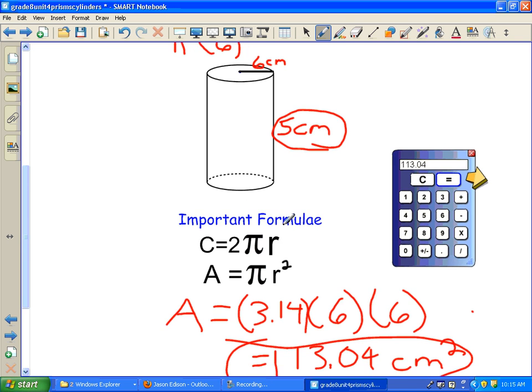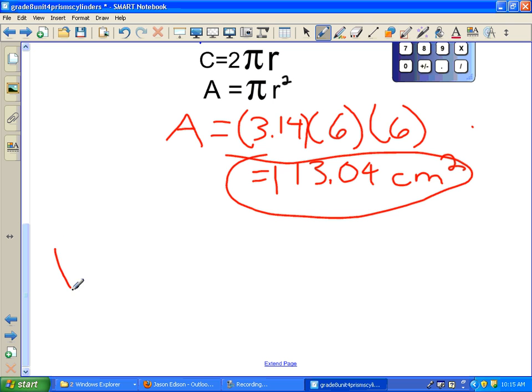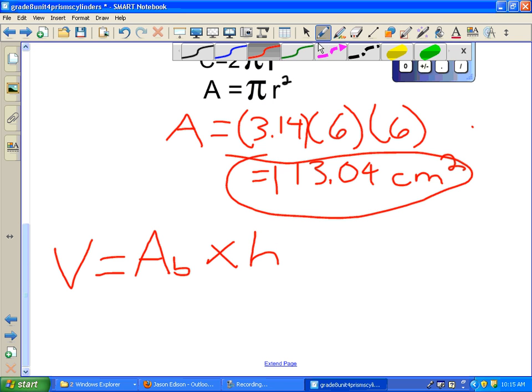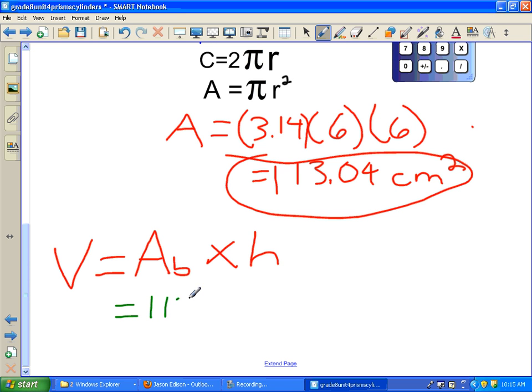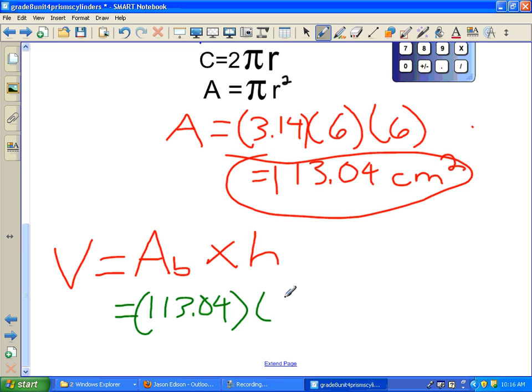So now we can take that into our formula for the volume. Remember, the volume is the area of the base, which we just found, times the height. Let's plug in all of our numbers now. The area of the base, which was a circle, is 113.04, and we're going to multiply that by the height of our cylinder, which is 5 centimeters.